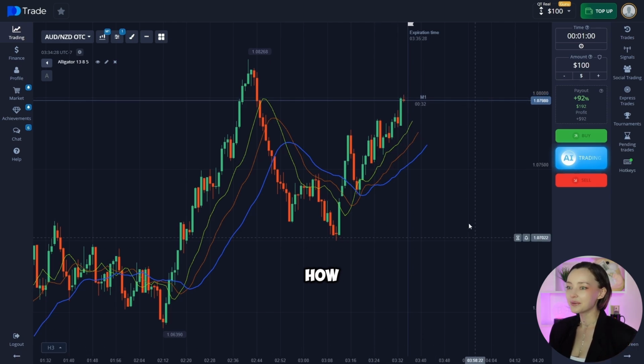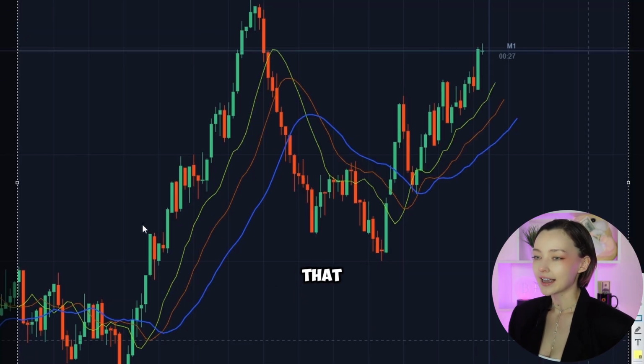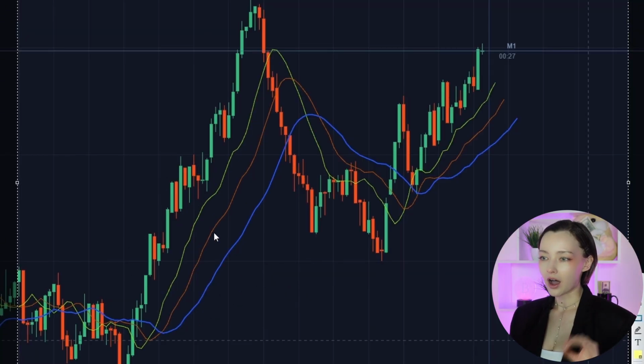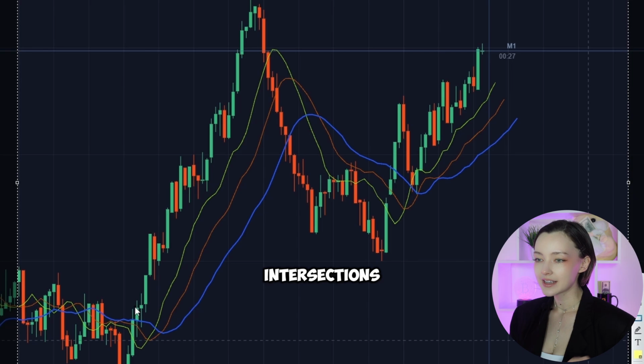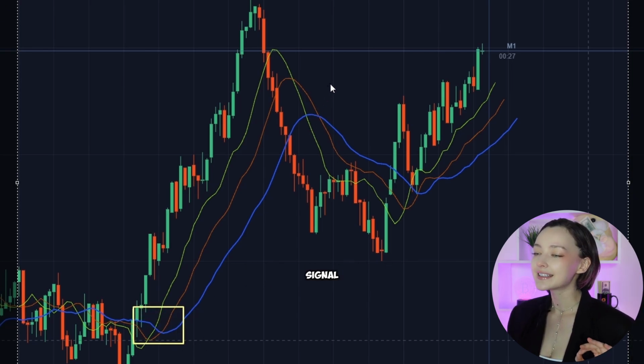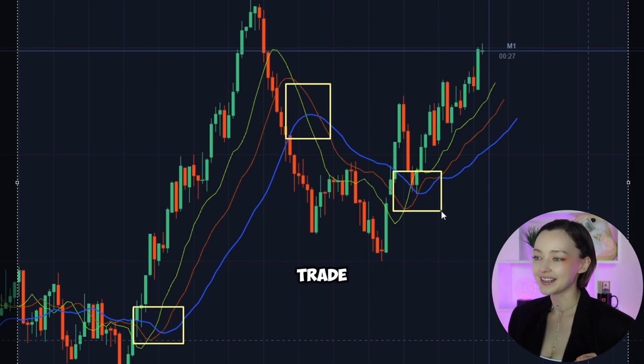Now let's look at how we can make money with the help of this indicator. This indicator is a trend indicator that helps us determine the moment of a trend switch. So basically our job is to watch out for these intersections because these intersections are a signal for us to place a trade.